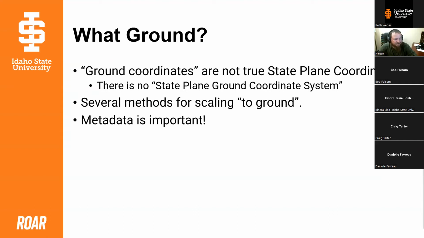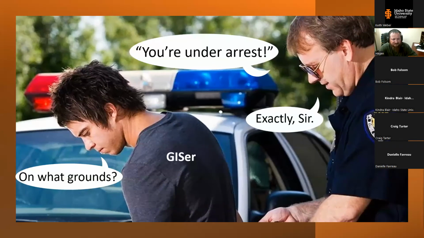It's also, I think, important to have some practical knowledge of how surveyors actually work, so you can be aware of maybe potential pitfalls. None of us wants to end up like this guy. While the chances are admittedly slim that you'll end up in legal trouble for confusing grid and ground coordinates, you still can end up in trouble with your ground coordinates if you don't have the right metadata.